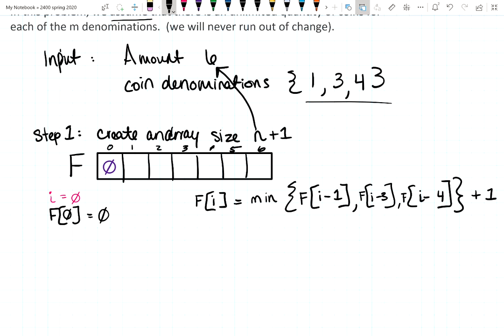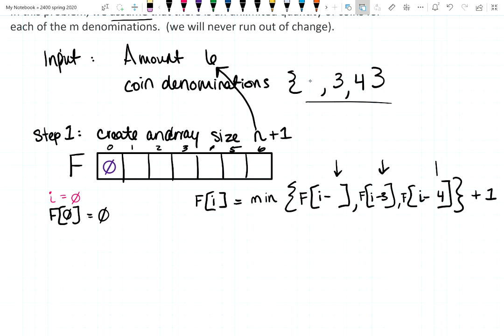Now, here's the thing. When I is equal to 0, then we don't want to include any of these array elements for which the coin is greater than I. So that's what these values stand for.